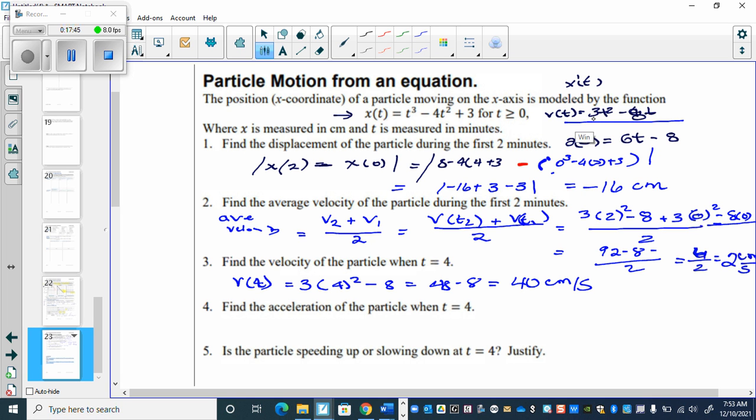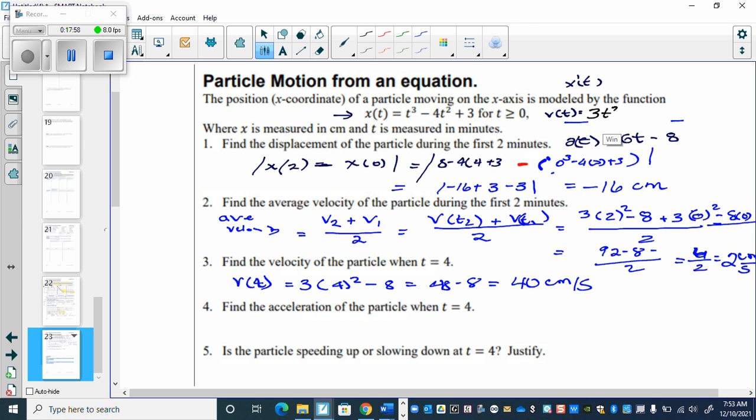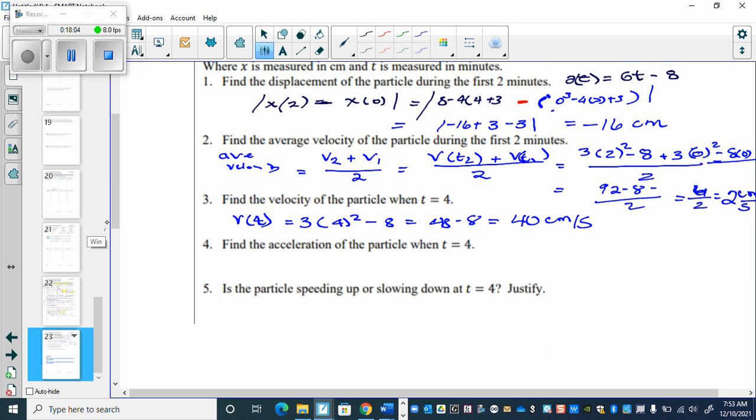I'm just going to erase this so it's a little bit neater, because I worry that when it's not neat, we make mistakes. And we want to focus on these things and be accurate. So it says find acceleration when t equals 4. So we have a sub 4, and here is the acceleration function, 6 times 4 minus 8. That's 24 minus 8, and it's 16 centimeters per second squared.